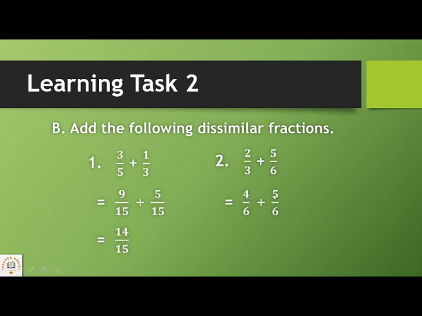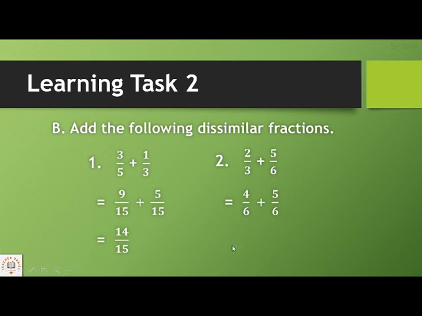For the second fraction, just divide the LCD by the second denominator, which is 6. So 6 divided by 6, the answer is 1. Then multiply it to the second numerator, which is 5. So 1 times 5, the answer is 5. So as you can see, they are similar.